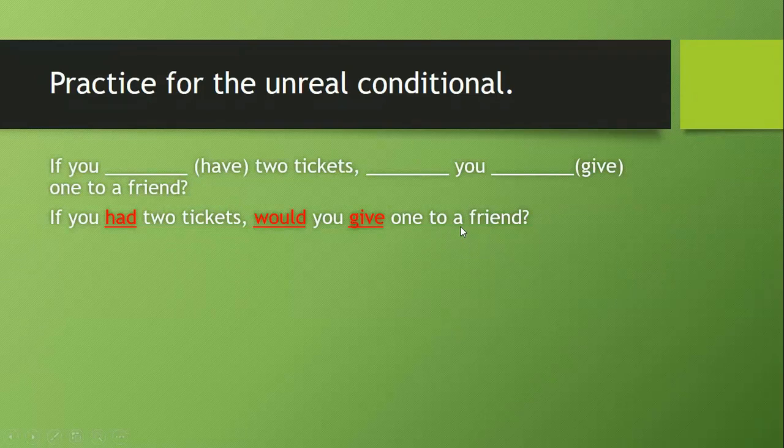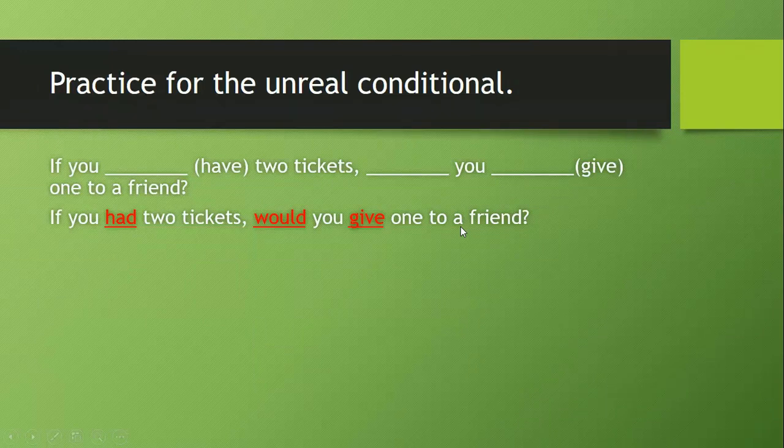Think about it. You are working in a company, and this company is a cinema company, right? And they give you a pair of tickets for the new and the best movie ever. Then, if you have two tickets, would you give one to your friend? Right?